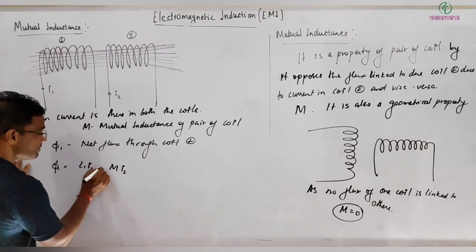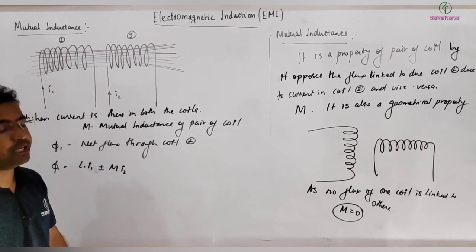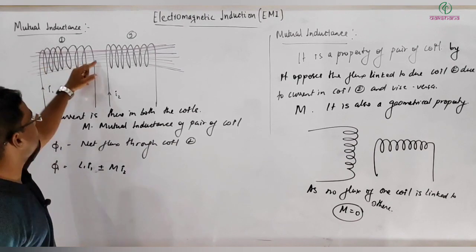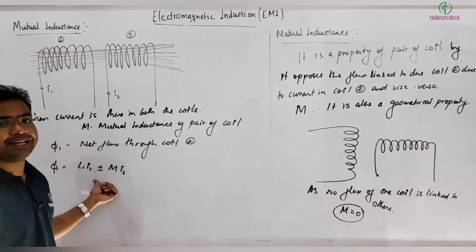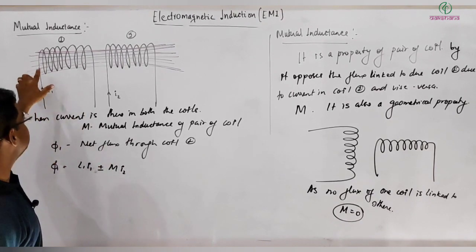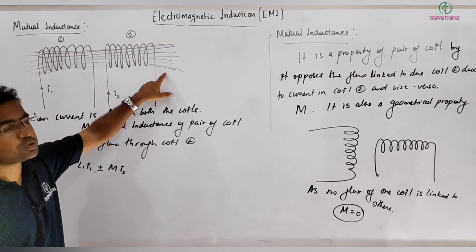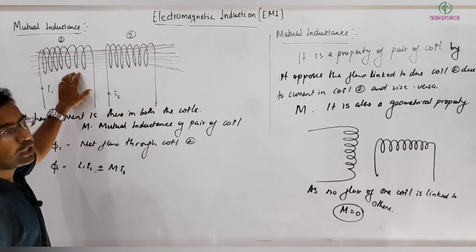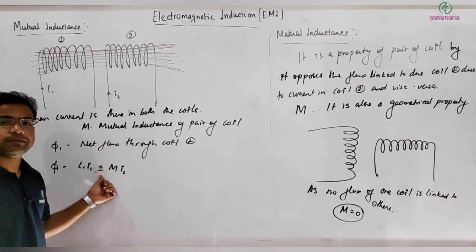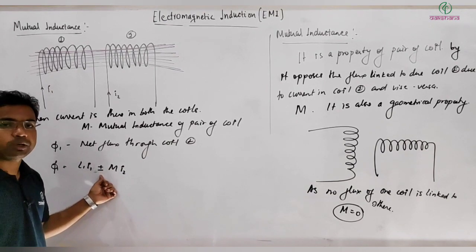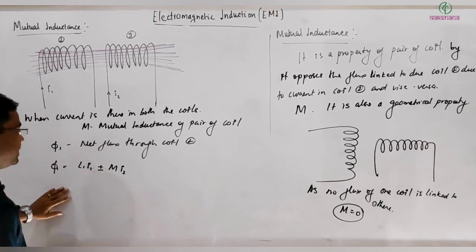This plus or minus will depend on polarity. If the magnetic fields are north pole, south pole, north pole, south pole, the flux will be additive. There is a possibility that this has north pole, south pole, and the other has south pole, north pole, so the flux of this will oppose or cancel out. In that situation, there will be a negative sign. I will tell you when it will be taken as positive and when as negative. So this can be plus or minus.